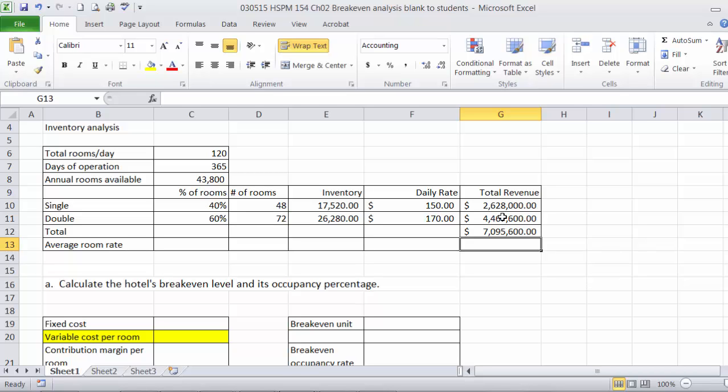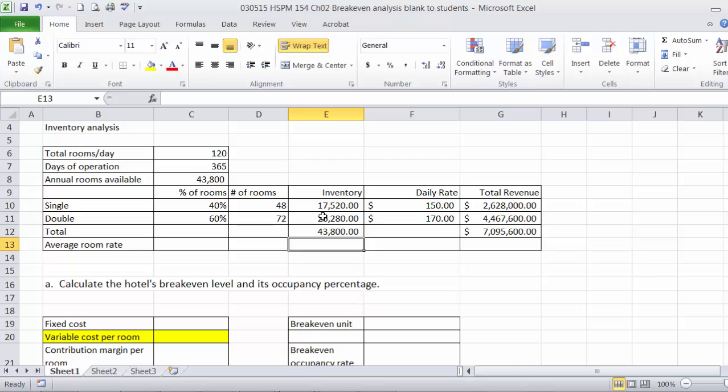Okay. Then what's the average room rate? All right, here let's add another total. So the inventory, we add these two together. You see that these two should be the same. That's a check.